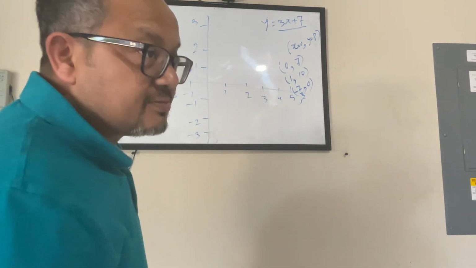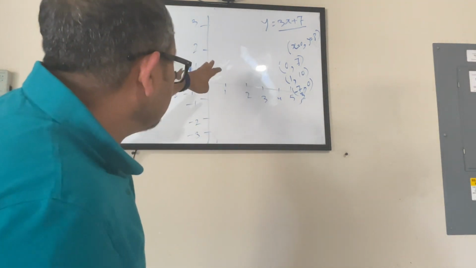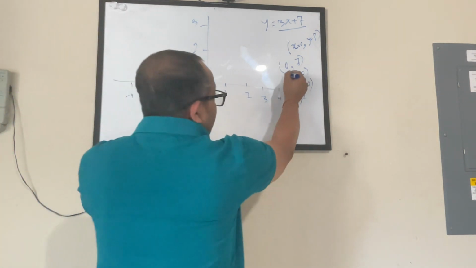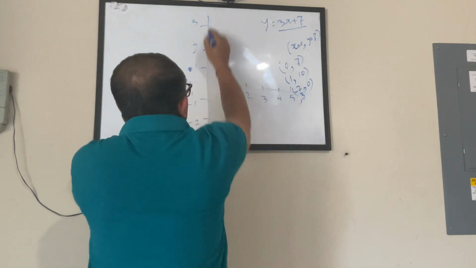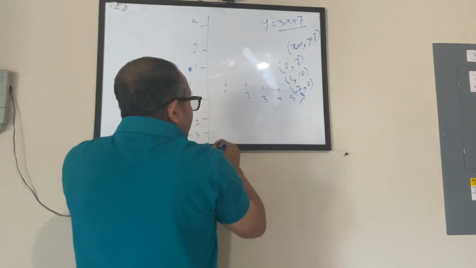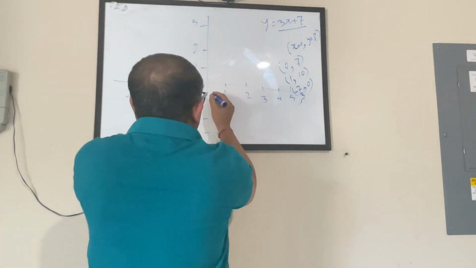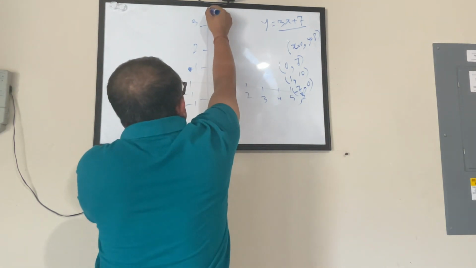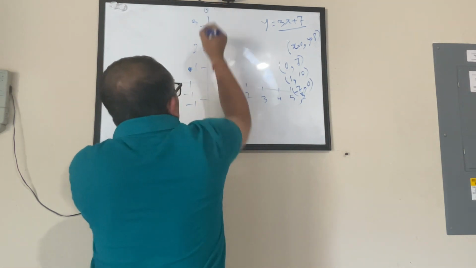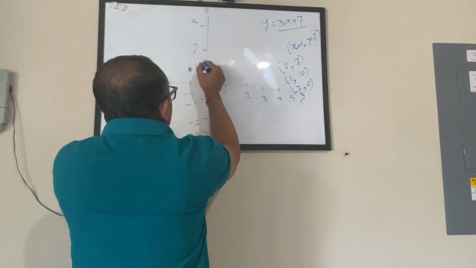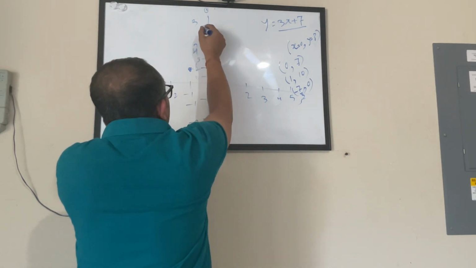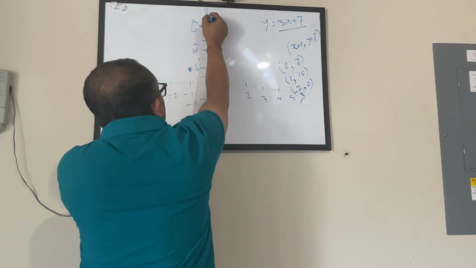Let's see if I can plot these on this graph. First point is 0 and 7. The x value is 0, so it is on the y-axis here. This is 1, 2, 3, 4, 5, 6, and this is 7.